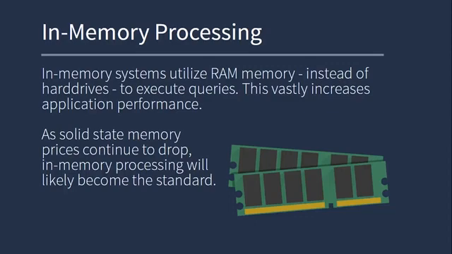It doesn't take as long to query a lot of files, or to store them and move them. The main barrier to using solid-state memory or RAM has been how expensive it is and getting enough of it to store the massive amounts of data that companies bring in. As solid-state memory prices continue to drop, we expect that this will become the standard way to store and process queries.